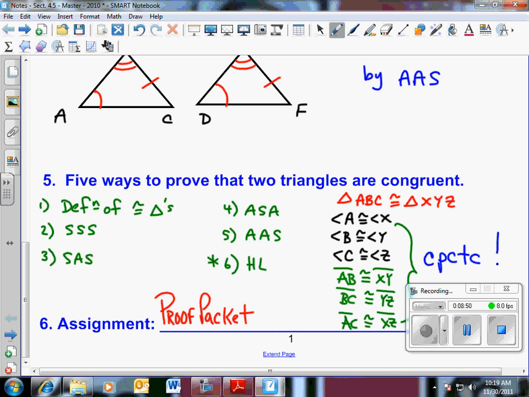Look on page 272, please. I think everything in 272 or 276 is actually in the packet. So let's just say this, the only assignment is the proof packet. We'll call it good.